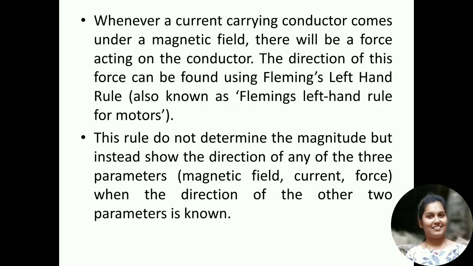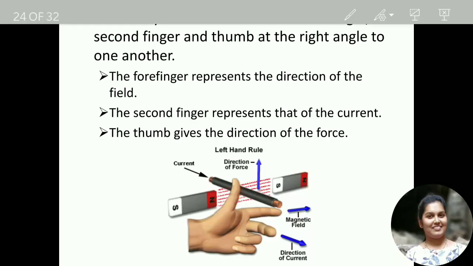When the directions of any two parameters are known, the direction of the third parameter can be easily found using Fleming's left hand rule, otherwise called Fleming's left hand rule for motors.